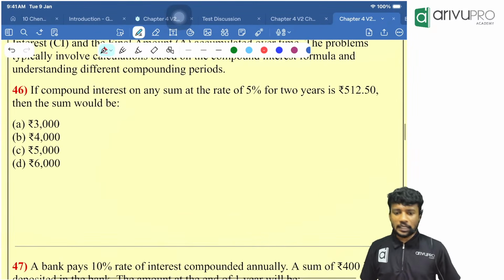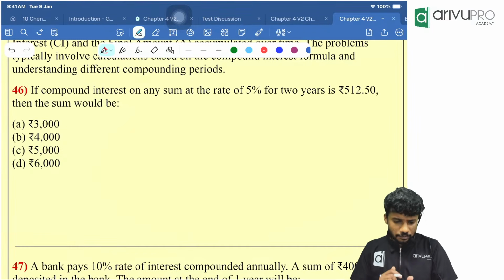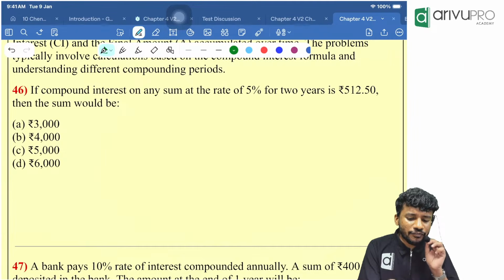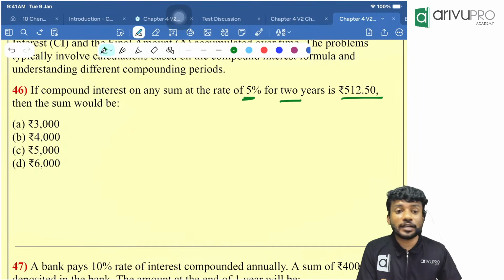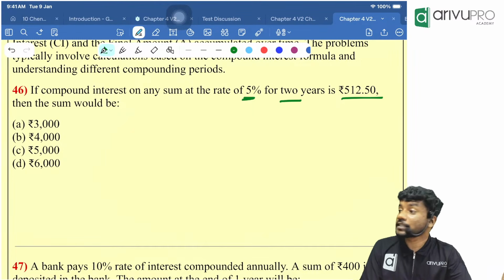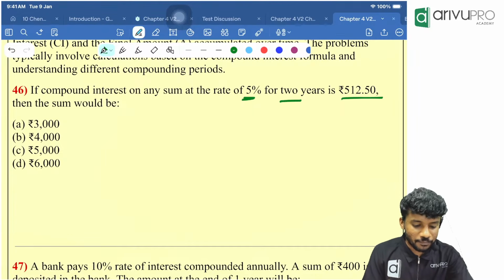If the compound interest on any sum at the rate of 5% for 2 years is 512.5, then the sum would be how much is the question. So what is given? What are we finding?